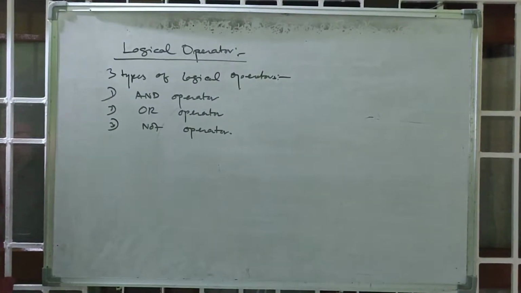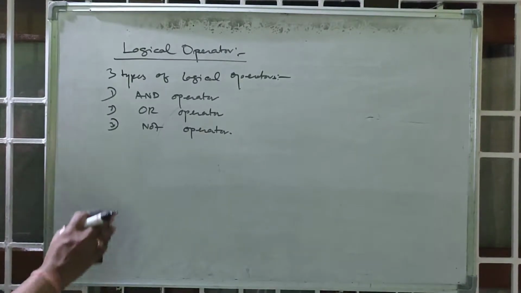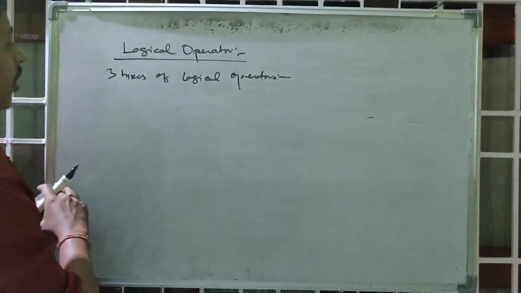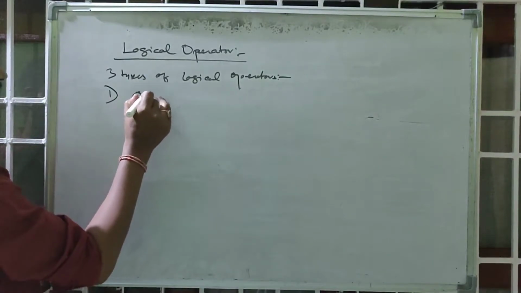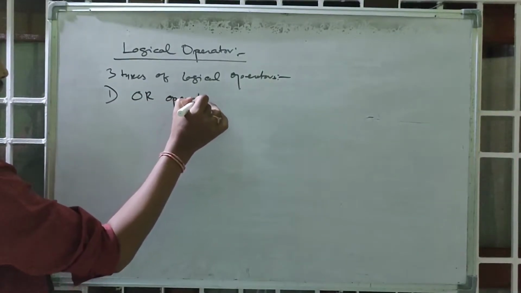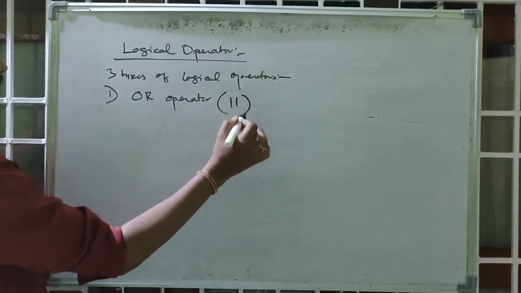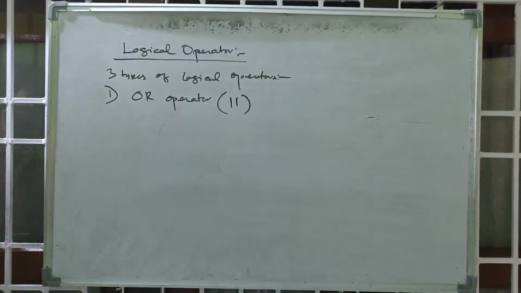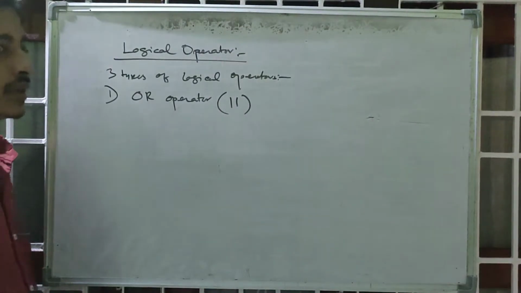First we discussed the OR operator, and the symbol is this one. Okay. Now OR operator means what?